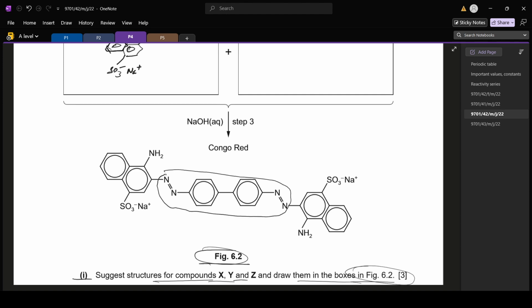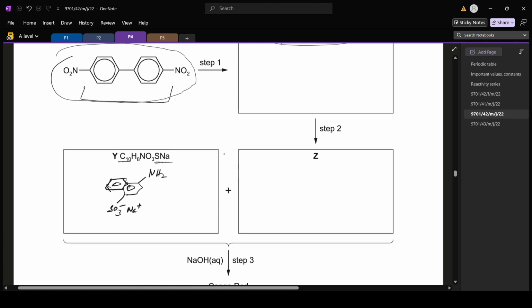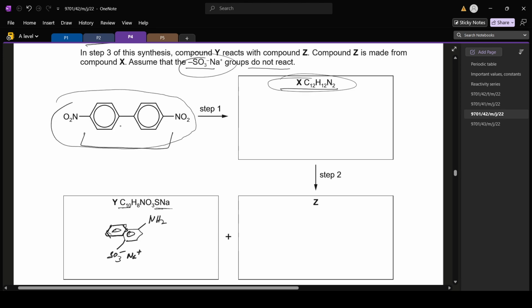This azo group will be made from a diazonium ion, so there must be a diazonium ion. And how is the diazonium ion made? It can be made from this nitro group. Firstly you will reduce this nitro group into phenylamine. You know the synthesis of diazonium from benzene.